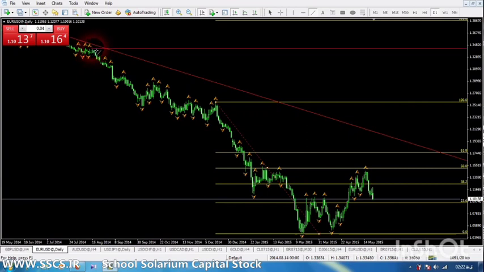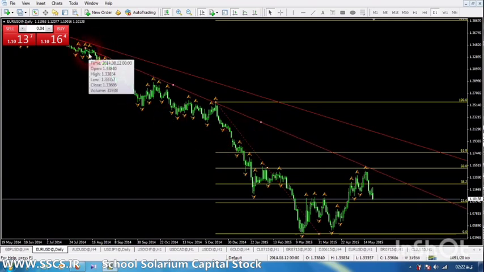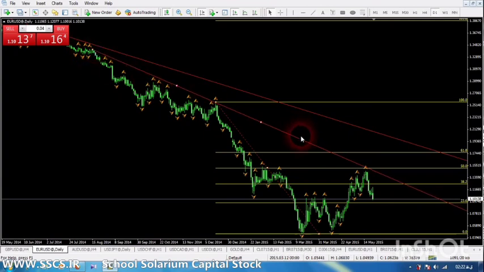And I have another trend line that connects these 2 points. So I've had a trend line here. I've had one swing high here and another one here that I can use for drawing my Fibonacci. On my 23 level, I could have bought.